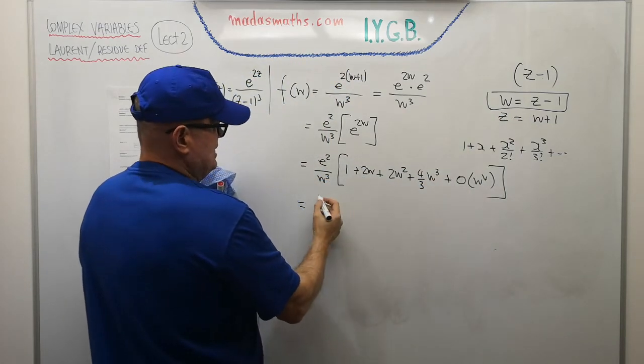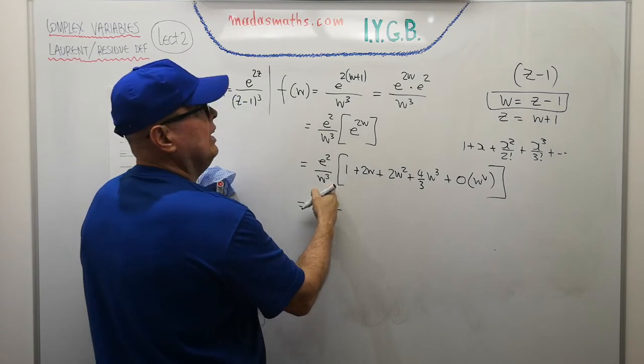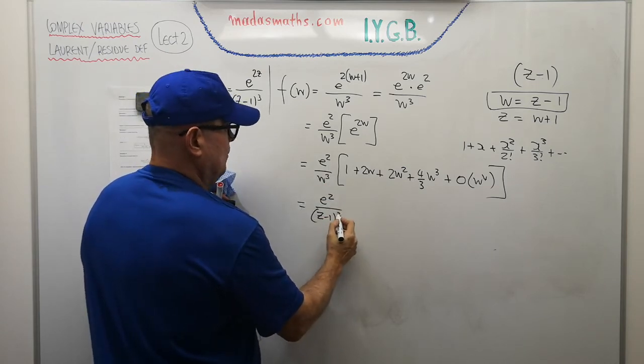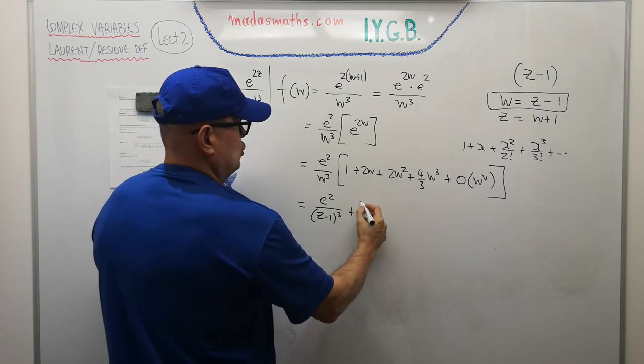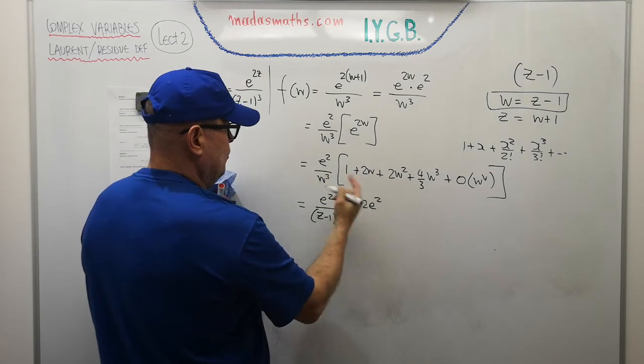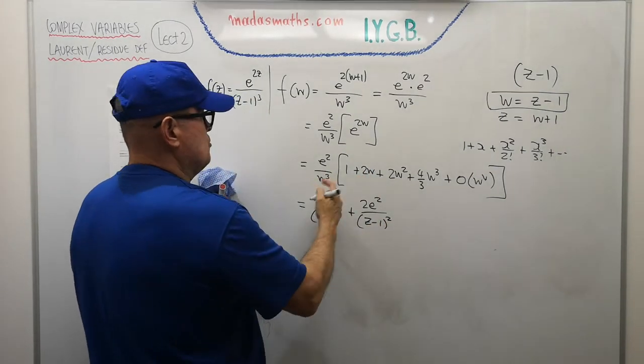So I hope I don't make any mistakes. E squared over (z minus 1) all cubed plus 2e squared, the coefficient is 2e squared, and now will leave me (z minus 1) all squared at the bottom. It should follow a pattern.